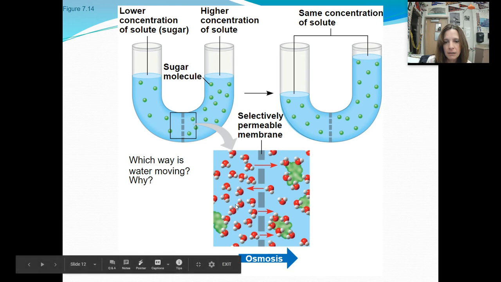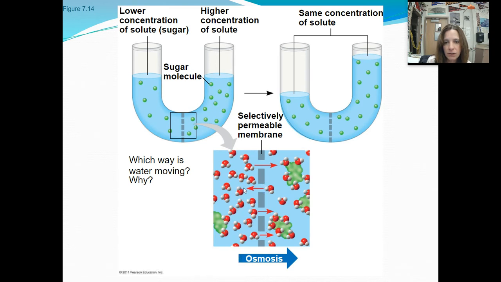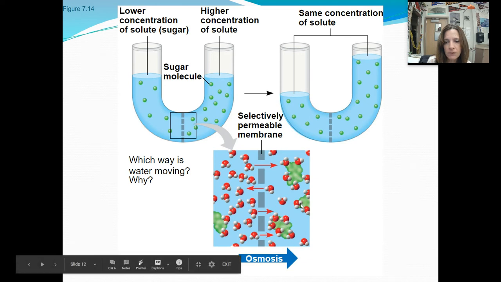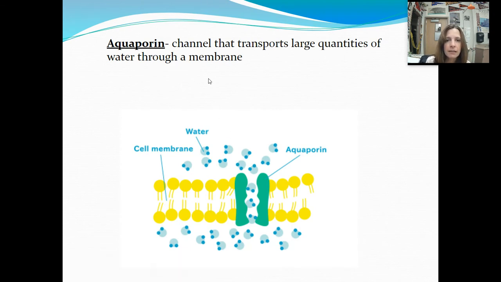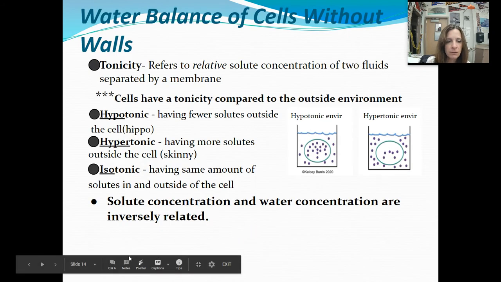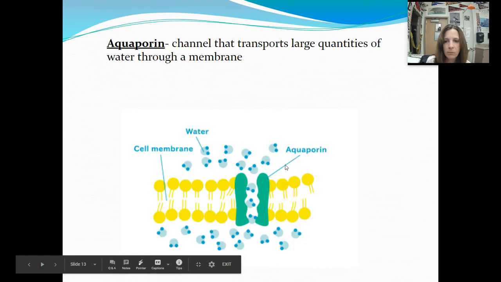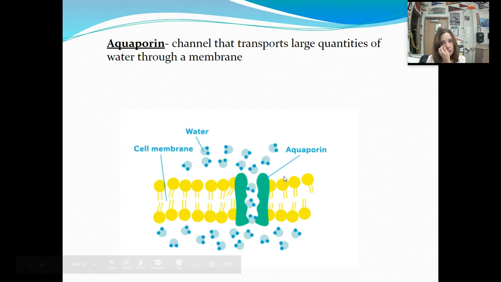And here is a picture that shows the water going back and forth. The solutes cannot, and so the water is going to have net movement, because there are three arrows, to the right. Now water is a polar molecule, so lots of it cannot get through the membrane by itself, so there are things called aquaporins, or aquapores.